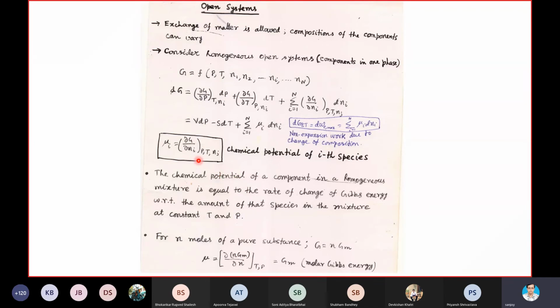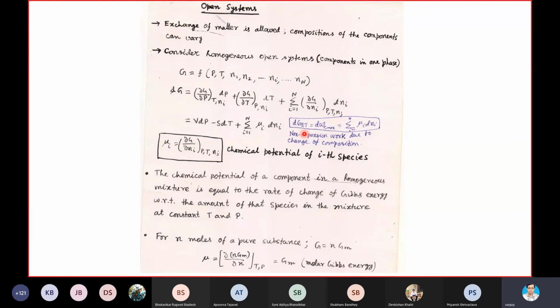Now, what does this physically represent? If you consider the process at constant pressure and temperature, then these two terms disappear. Remember, a couple of classes back when we talked about Gibbs energy and Helmholtz energy, the Helmholtz energy change represents the maximum work possible from the system.